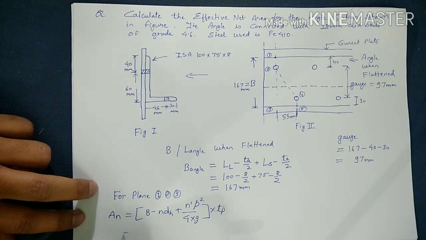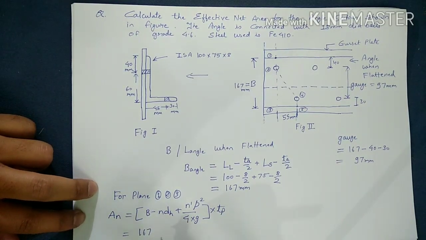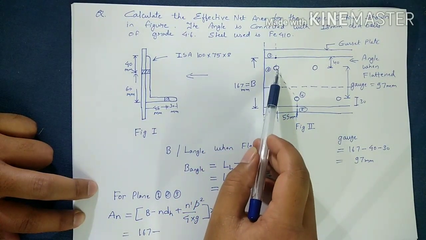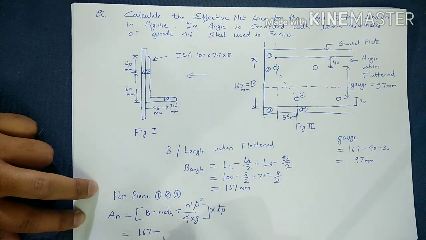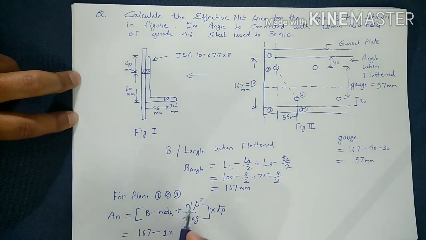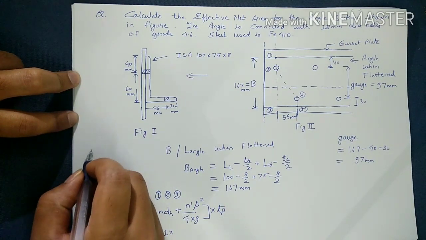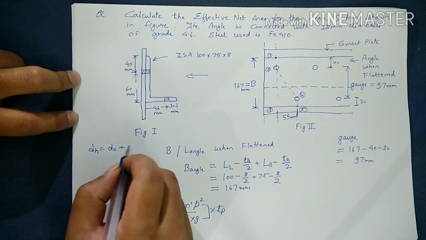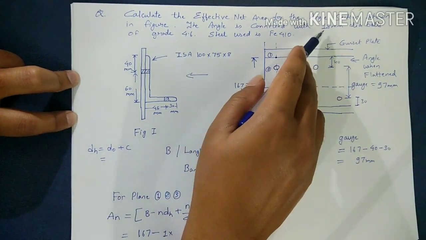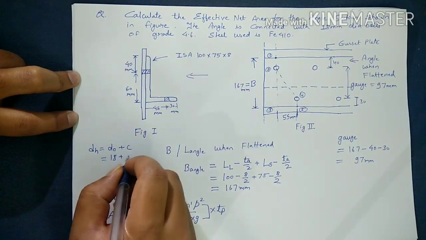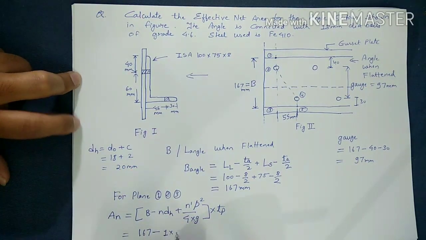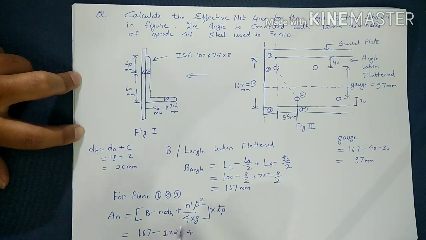So we know that B is 167 minus, in the first plane 1, 2, 3, only one bolt is there, therefore n is 1. DH, in an earlier class I have told about the dia of hole, that DH is equal to nominal dia of the bolt plus clearance. So nominal dia is given 18 mm, 18 plus 2 gives 20 mm. So DH is 20 plus n dash.